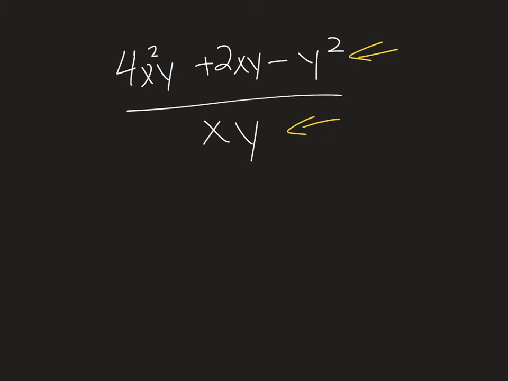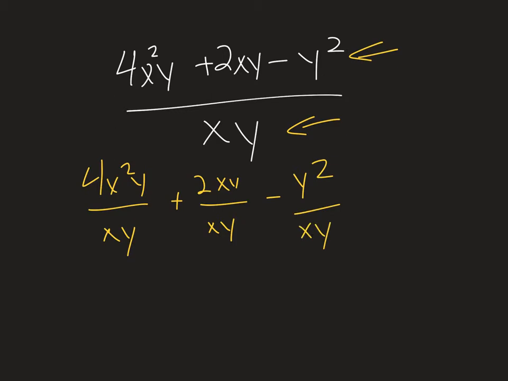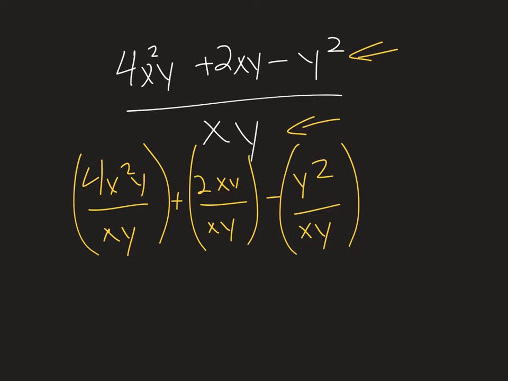And what we can do here is essentially break it up into three different fractions. So we can split this into 4x squared y over xy plus 2xy over xy minus y squared over xy. And then we can isolate these and look at them individually. Now we're dividing a monomial by a monomial, so we can use our exponent laws.